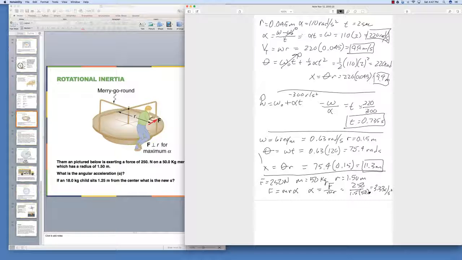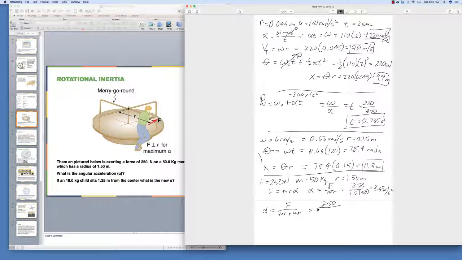Now, what I did next is to say that you have two objects now, with the child and the disk. To do the second part of this problem, you basically take the same formula, but in the denominator you put that m r for the merry-go-round, and you have an m r for the child, and those two are added together.